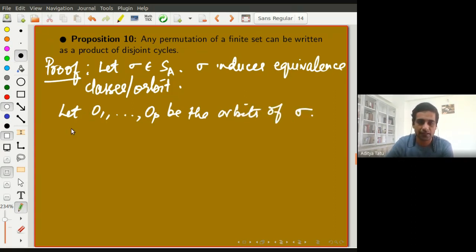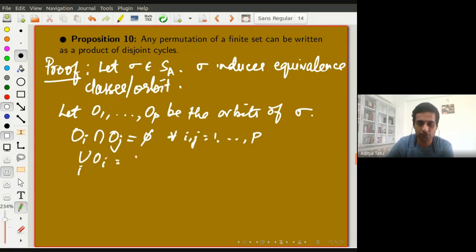Let's write this down: Oi intersection Oj is an empty set for all i, j from 1 to p, and the union of all these orbits is going to give you A. Then I want to write this sigma, this permutation, as a product of disjoint cycles. So I already have a partition of A, right? So using that partition of A, I can define a cycle, isn't it?